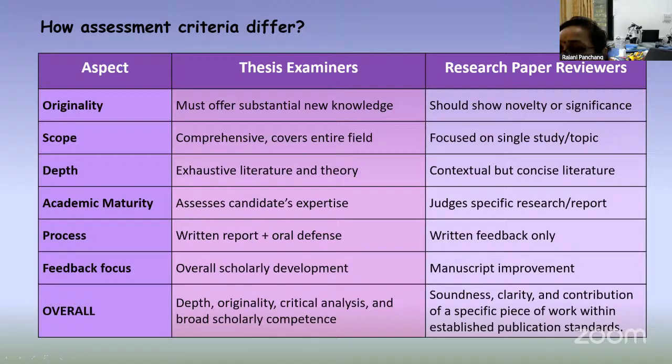I'm really sorry. Research paper reviewers are interested in how sound it is. They want it to be specific. It is very, very short, crisp communication. They want to know how clear you are about the idea, how specific you are, how sound. A research paper is about precision, about being accurate, about being able to explain everything in a very short package, in 5 to 15 or 20 pages.